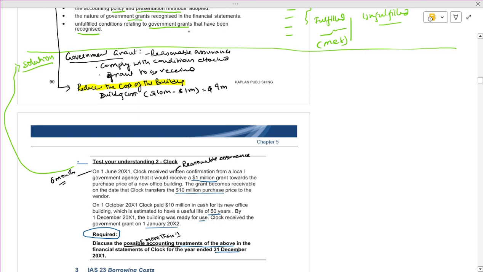Depreciation is how much? 9 million divided by 50 years, times 6 by 12. It comes to how much?